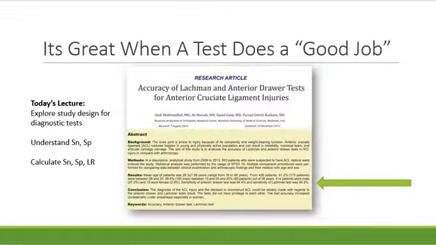Now, it's great when a test does a good job. An example of one of those is the Lachman test. And we'll explore that here in a little bit. Unfortunately, there are tests that don't do a great job, and one of those is the McMurray's test for the meniscus. What I want you to understand and appreciate, though, is the sensitivity and specificity. Understand what a patient may be interested in when it comes to positive and negative predictive values, and know how to apply likelihood ratios.